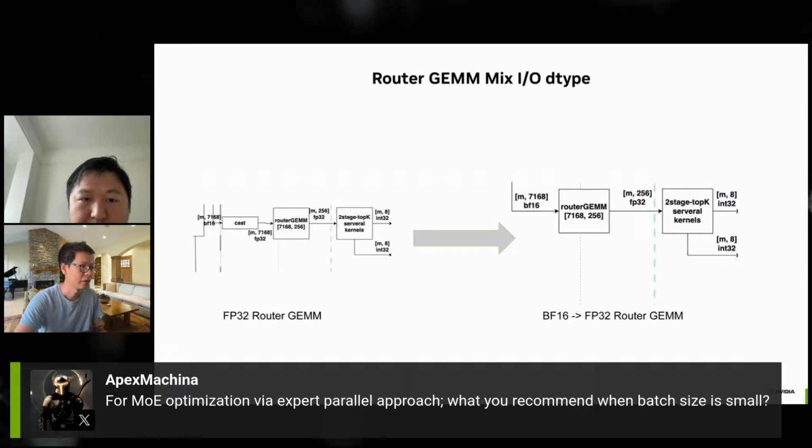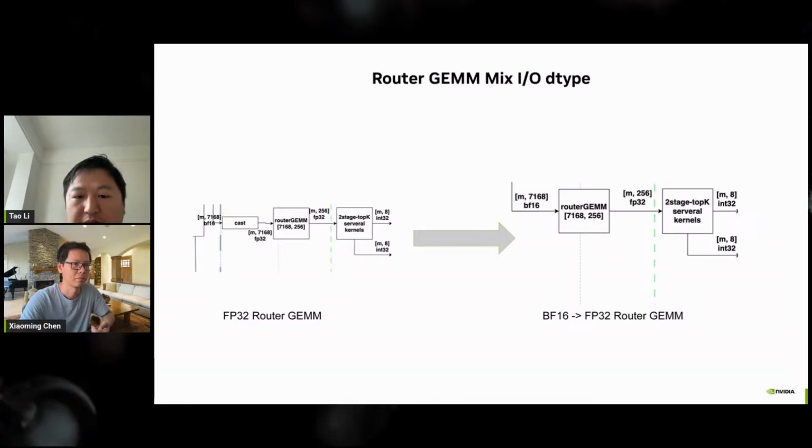Let's continue. In the following slides, I will go through the details of each item in the previous slides of the MOE layers optimization. First, these two diagrams show what we mean by the router GEMM optimization. The baseline is that we need the router GEMM to output an FP32 logit to do the top-k and other computation.